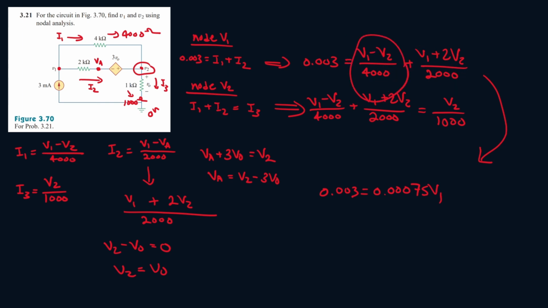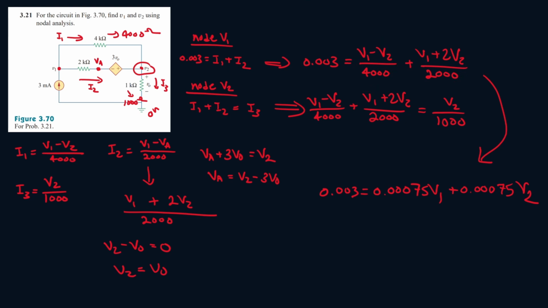Now we have minus V2 over 4,000 plus 2 V2 over 2,000. So let me see what that gives me. That gives me 0.00075 V2 as well.